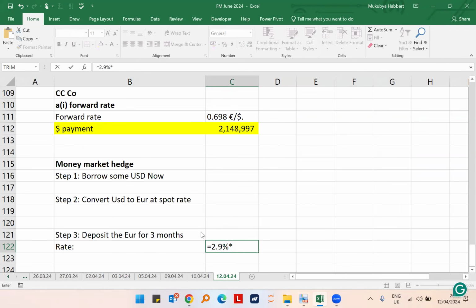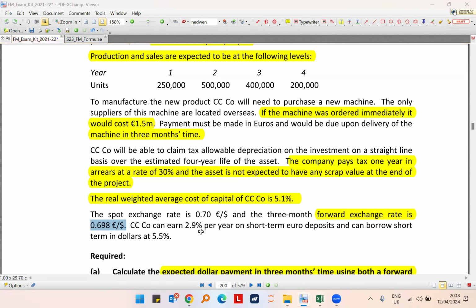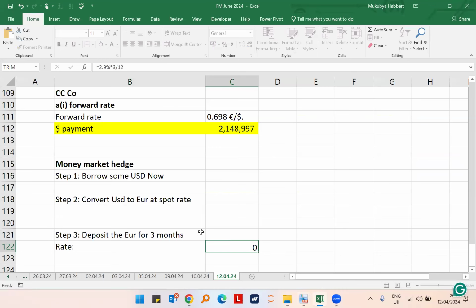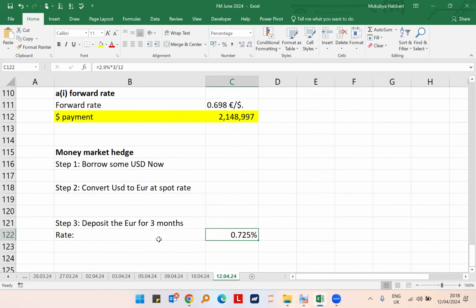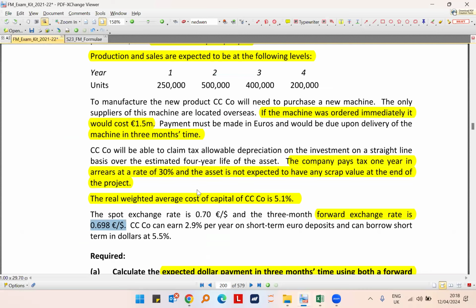But this is for a whole year, and this is going to happen for 3 months out of 12. So which becomes 0.725%. So that is going to be our rate. Now, I need such that when I deposit my euros, they become 1.5 million euros in 3 months' time.